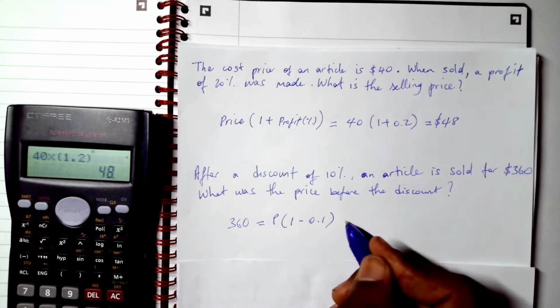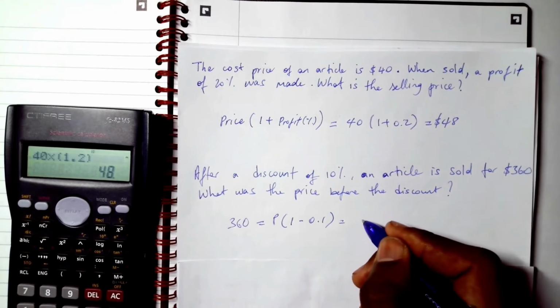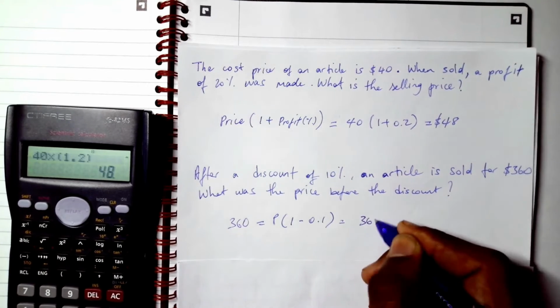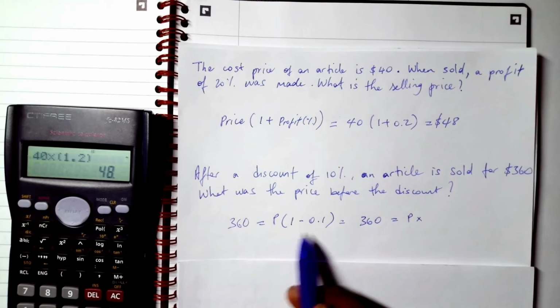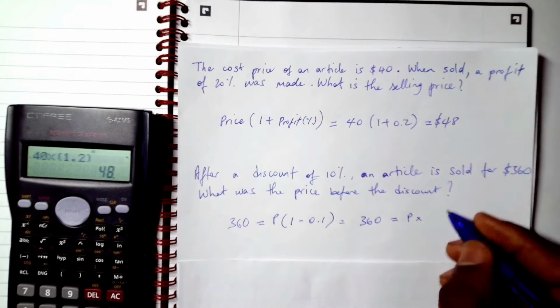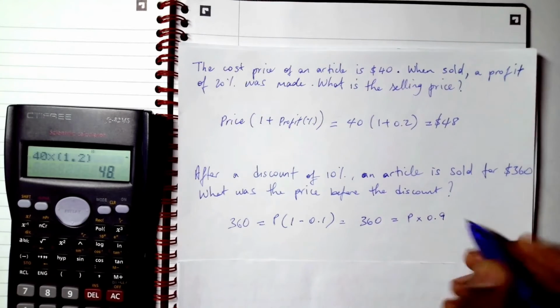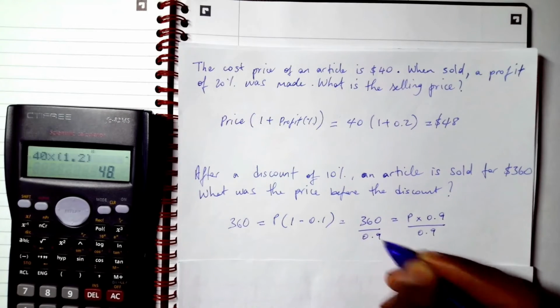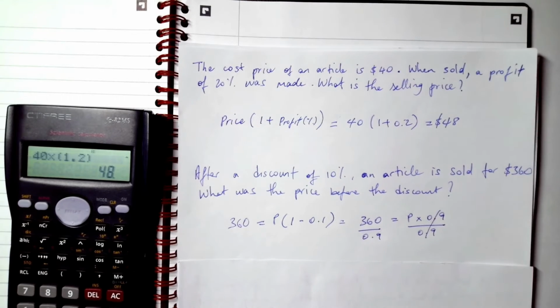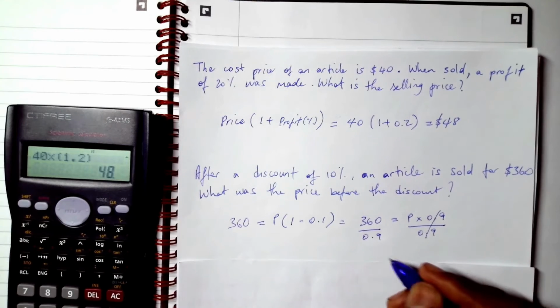Now we rewrite this as such: 360 equals P multiplied by 1 minus 0.1, which is 0.9. Divide both sides by 0.9 to get what P is, because these two cancel, right? We've been doing this for quite some time now.